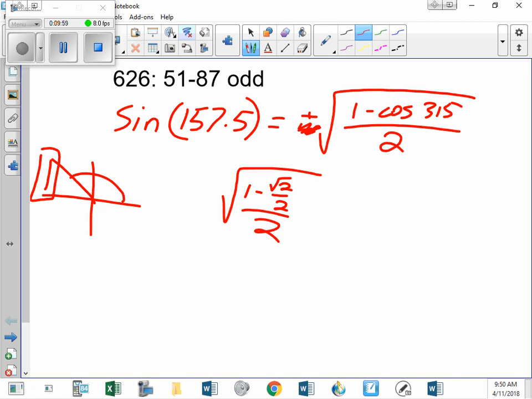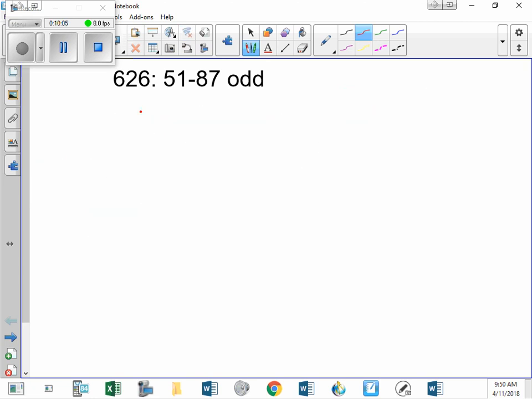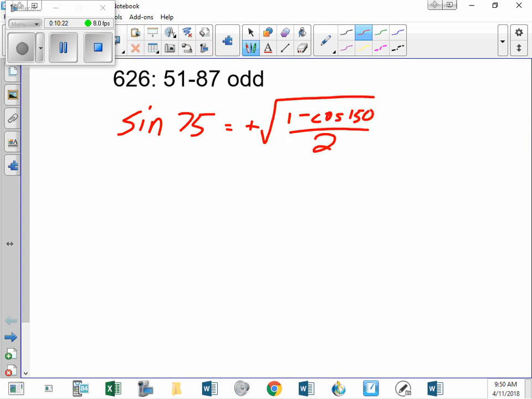Okay, let's do number 56. Sine of 75. 75 is in quadrant 1, and sine in quadrant 1 is positive. So it's going to be plus the square root of 1 minus the cosine of 150 over 2. This one's a little bit different.